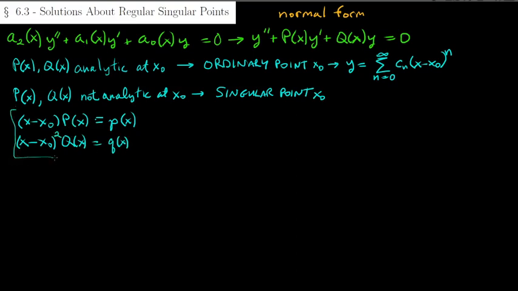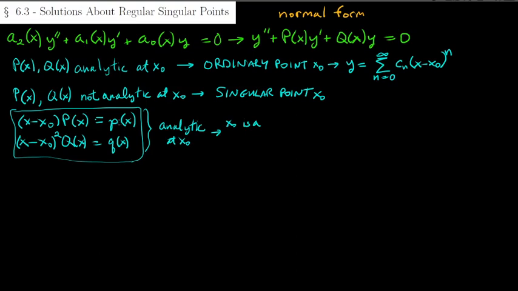So if both of these functions are analytic, that means they have a power series. We can expand little p and little q as a power series at x0. Then x0 is still a singular point because the capital P and capital Q might not be analytic.